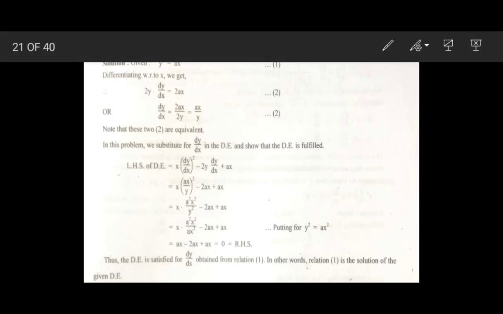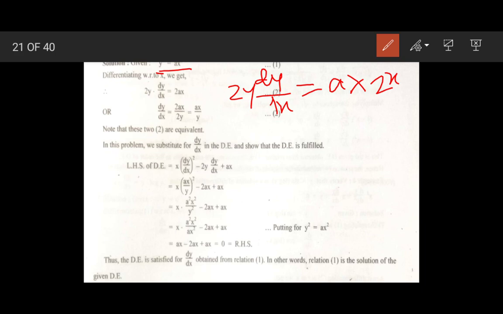So for that, let's see. First we have y square is equal to ax square. Now differentiating with respect to x, we get derivative of y square as 2y dy upon dx, that is equal to derivative of ax square, so a constant, into derivative of x square which is 2x.